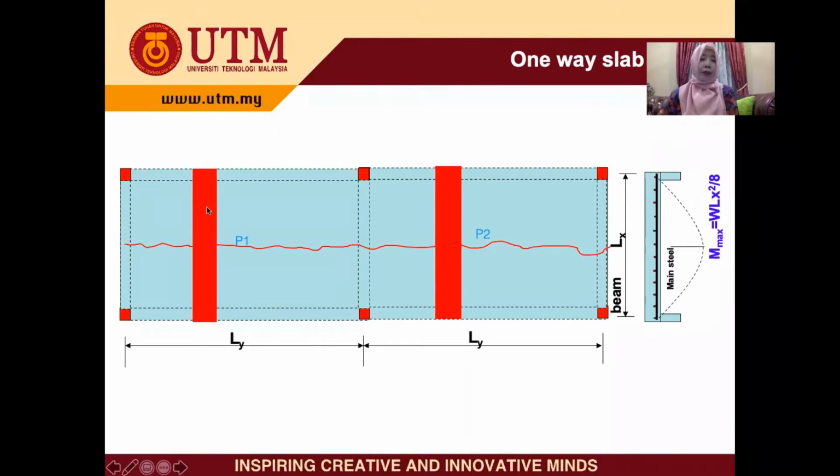So this is a one-way slab, therefore we design only one of them, represented by these figures, with the maximum moment WL square over 8.